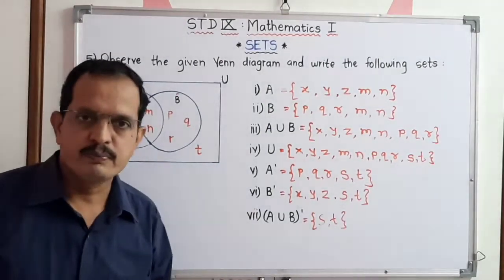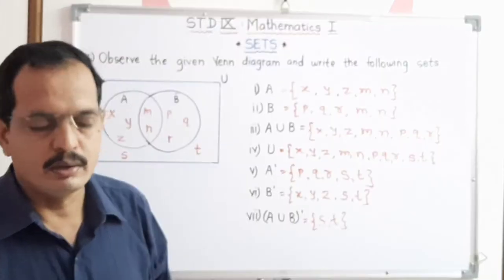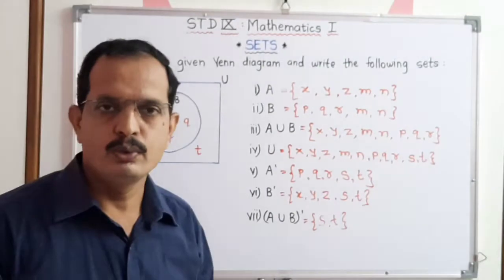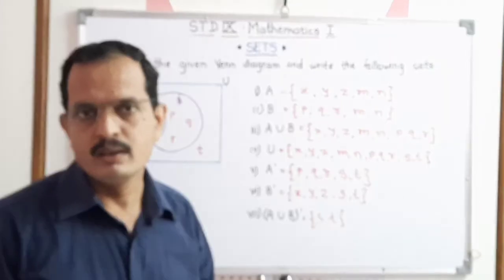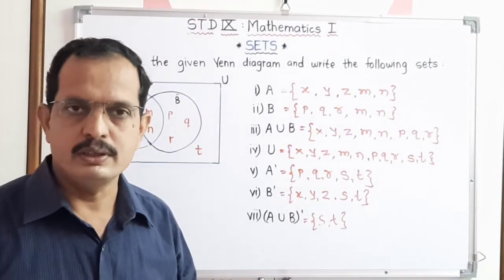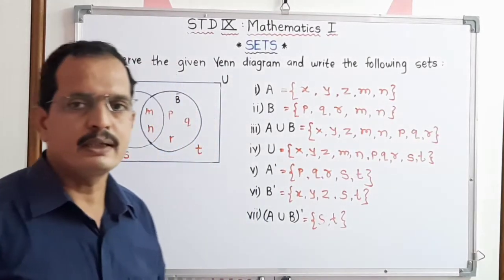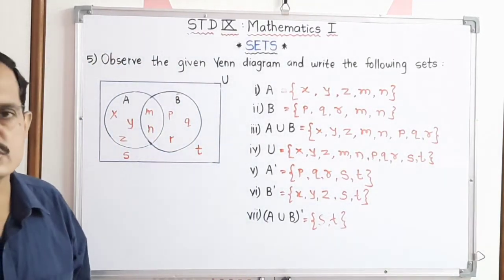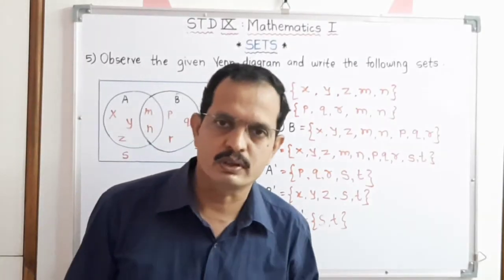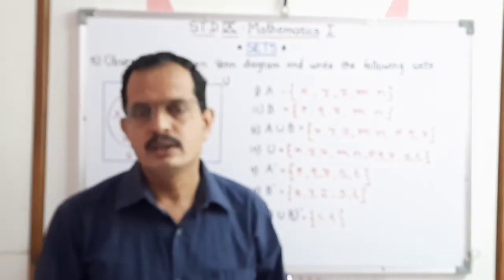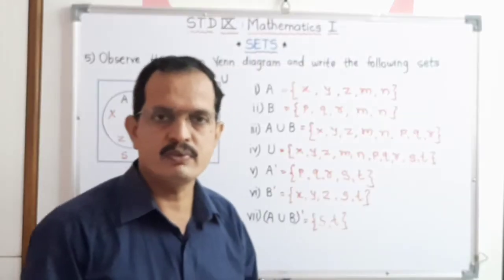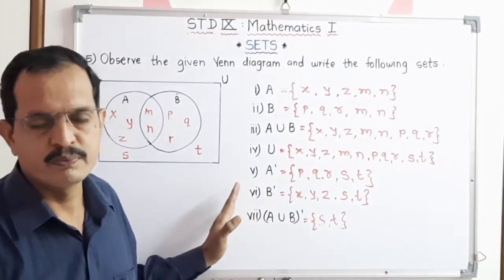Dear student, this year due to COVID-19 some portion is reduced from our syllabus. From practice set 1.4, question numbers 3 and 4 are reduced. Therefore we have to learn only the 1st, 2nd and 5th ones.